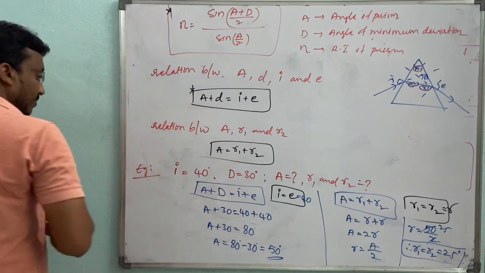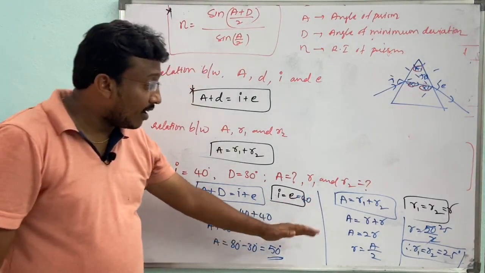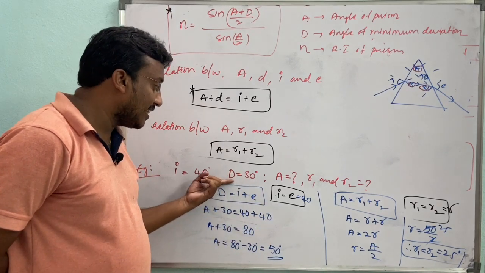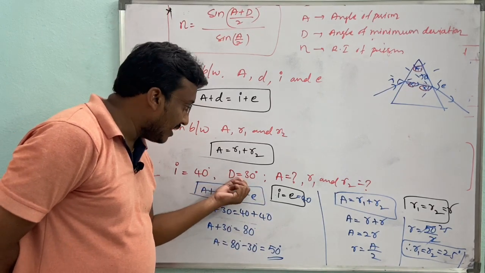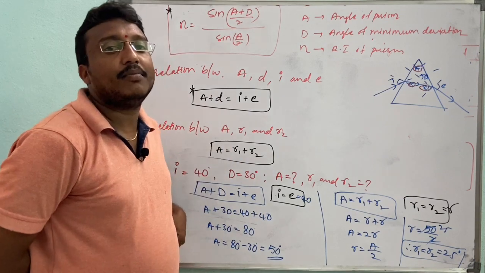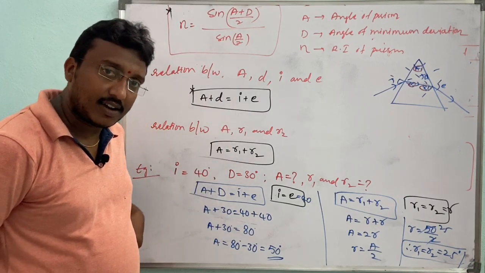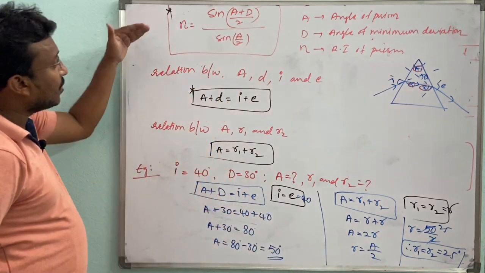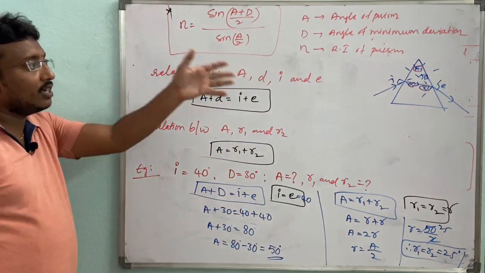Got it? Here we solved this problem with this logic, by observing the minimum angle of deviation. This is how to use the principles related to the prism.